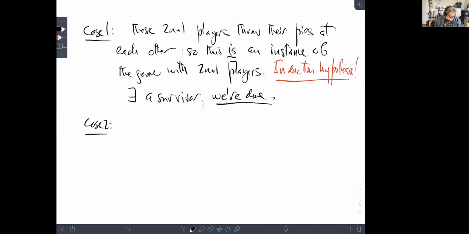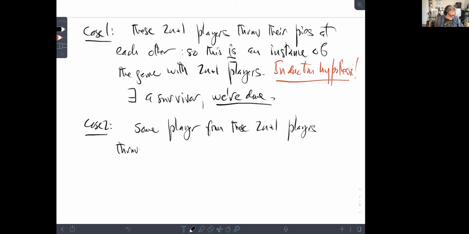Some player from these 2n+1 players throws their pie outside, at the two closest players.